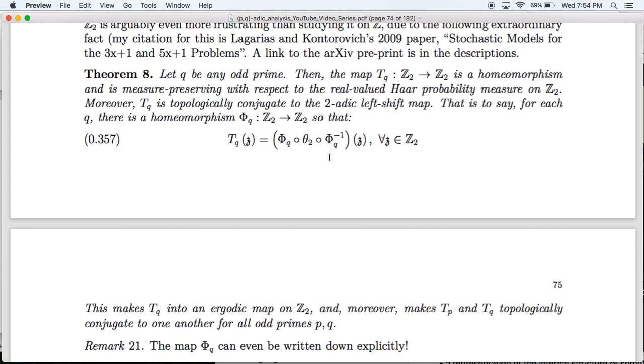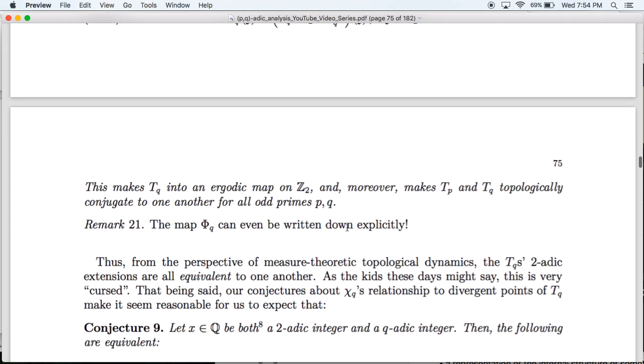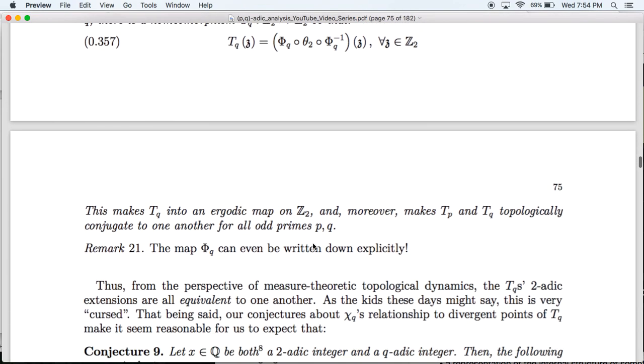So that's why looking at tq over the two-adics is useless, because we just lose all of the information when we complete things two-adically. So, as kids these days might say, this fact is very cursed.